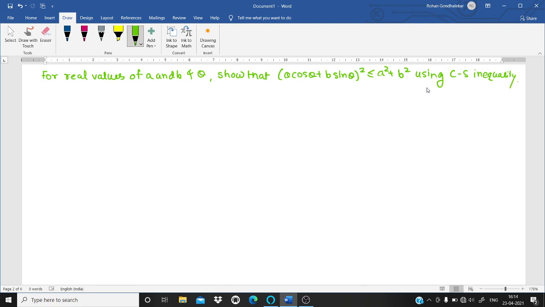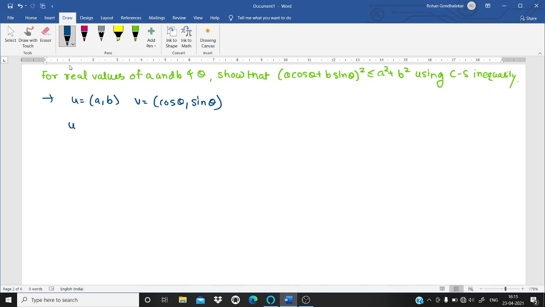Fine. Now how will we prove this? If you just look at a cos theta plus b sin theta, we can say that (a, b) is one vector, and (cos theta, sin theta) is another vector. So I'll take the vector u as (a, b), the vector v as (cos theta, sin theta). If you take u dot v, we'll get the quantity on the left side, that is a cos theta plus b sin theta.